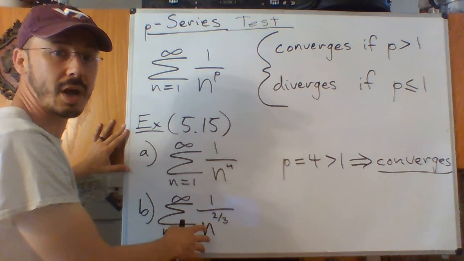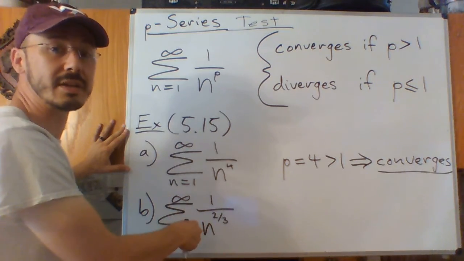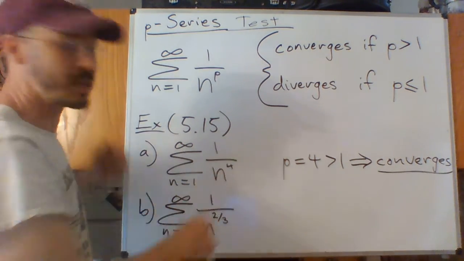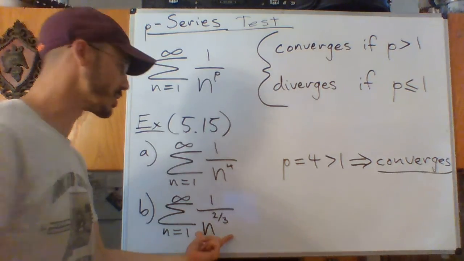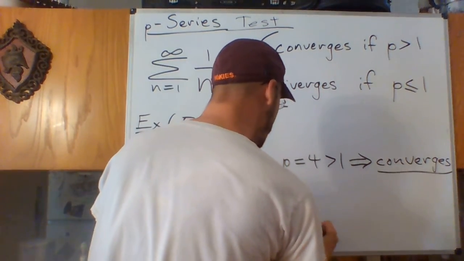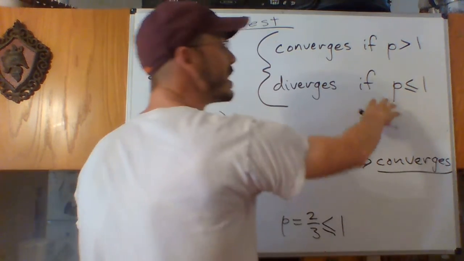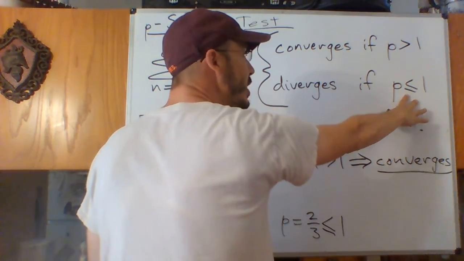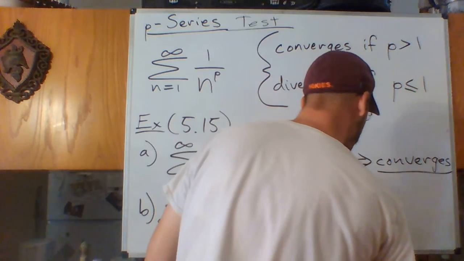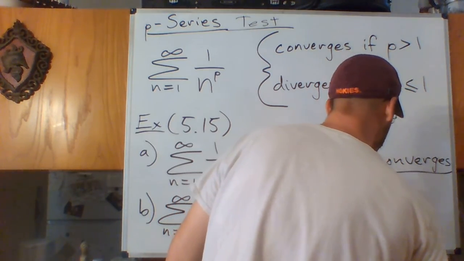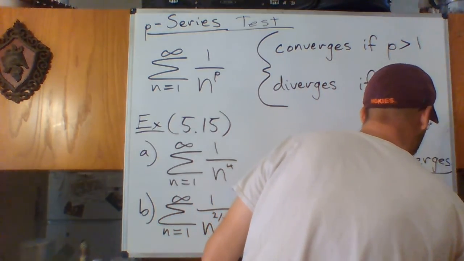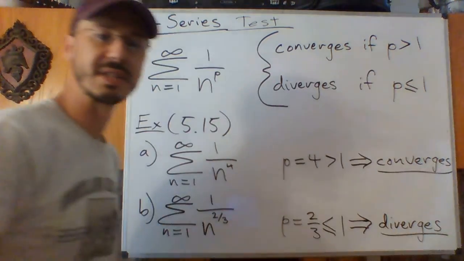Either way will get you n to the 2/3. But the point here is that p equals 2/3. 2/3 is less than or equal to 1. It's less than 1. That implies that the series diverges.